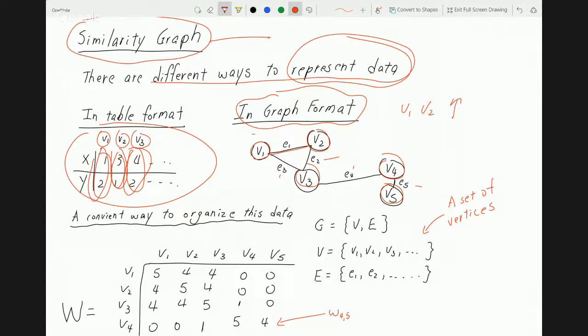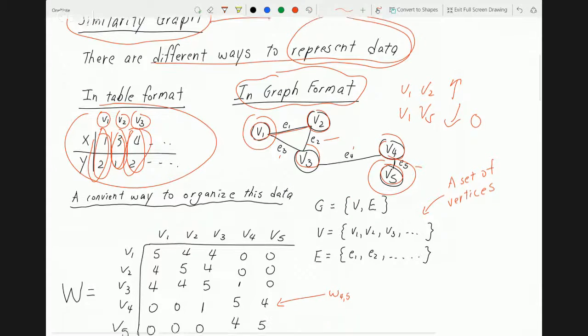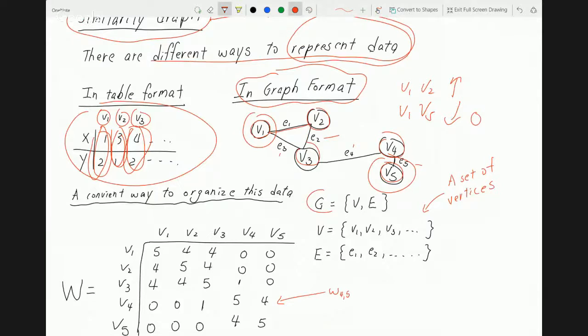And over here, you notice V1 and V5 don't really have any relationship. There are no edges. So for V1, V5, you want something that's low, maybe even 0, implying no relationship. This graph is denoted with G for graph, and it contains a set of V and E. V is vertex and E is edge.